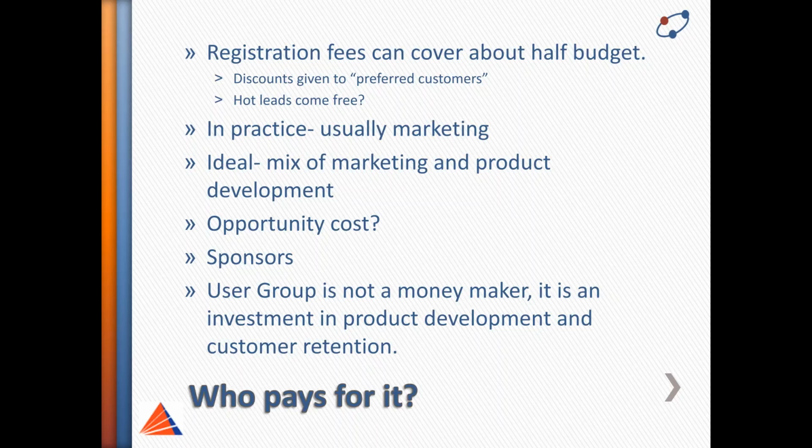So it's more than just what the hotel costs or what the conference center costs. It's the opportunity cost of these extremely valuable resources spending a good deal of their time in the 3 months leading up to a user group, if not more, putting together content and managing that.